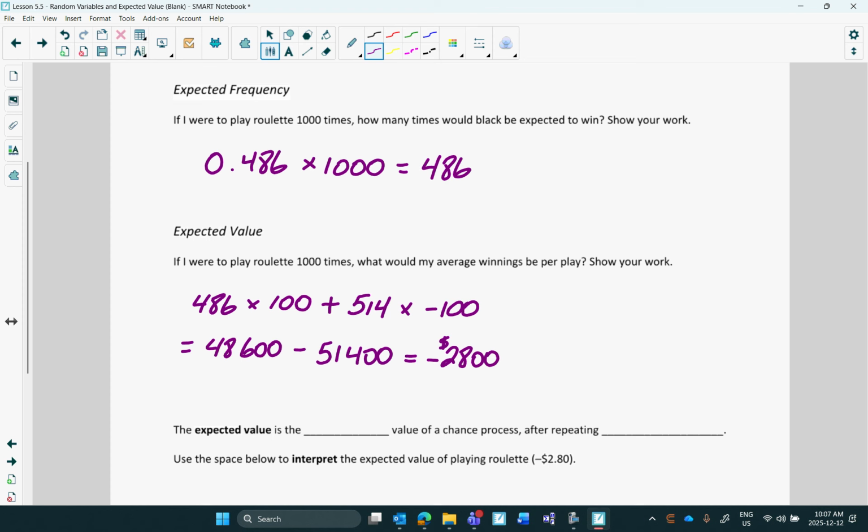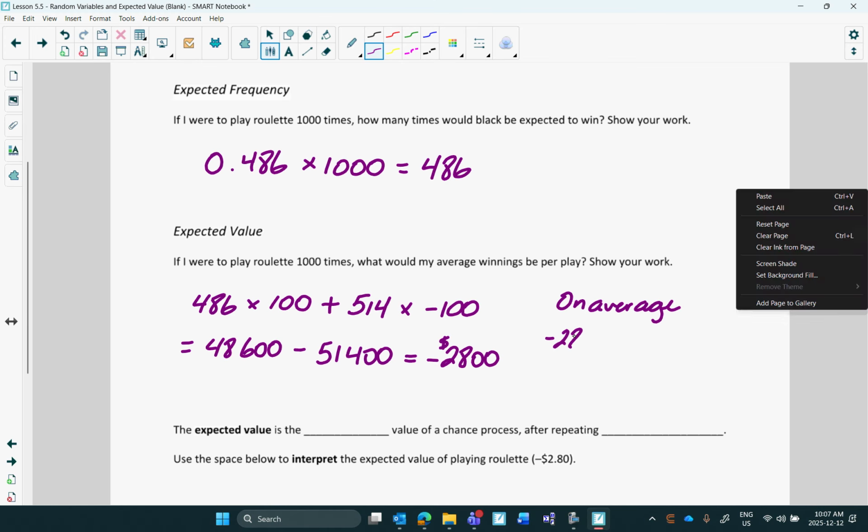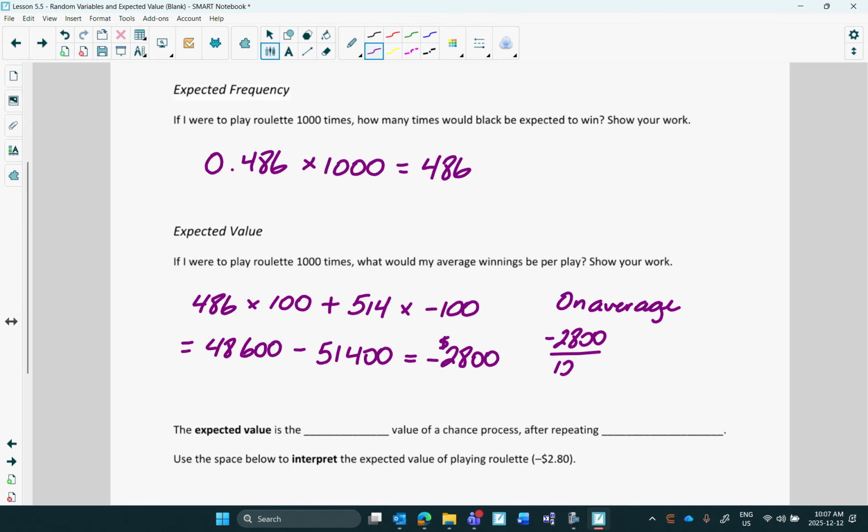At the end we'd expect to be out 2,800 bucks. So what's that on average? I would have to do negative 2,800 divided by 1,000, and these are actually dollars now. I would expect every time I play, I'm losing $2.80.